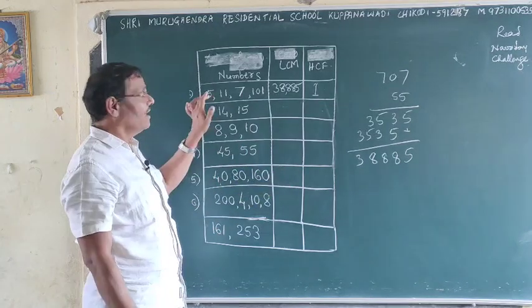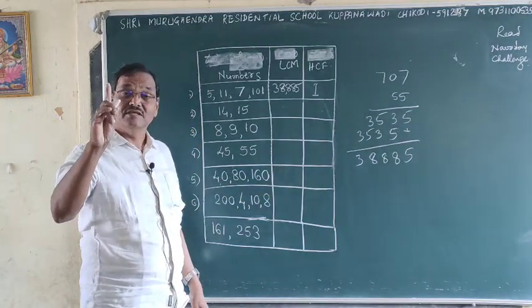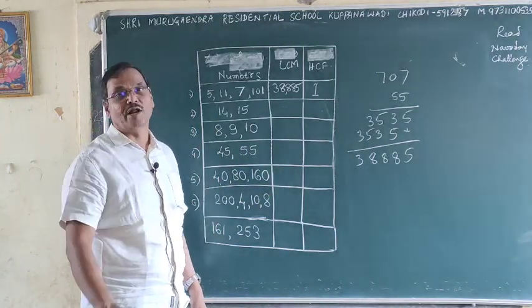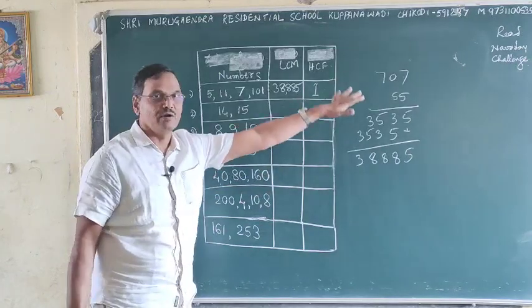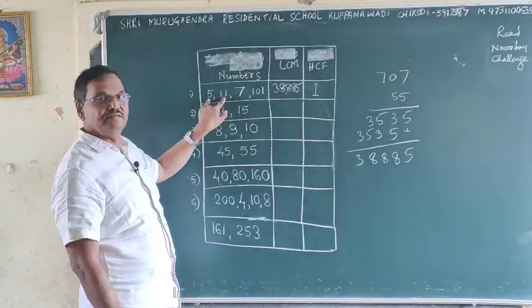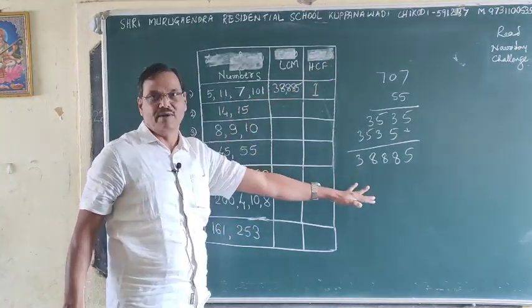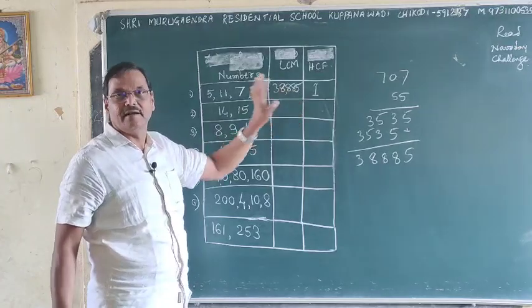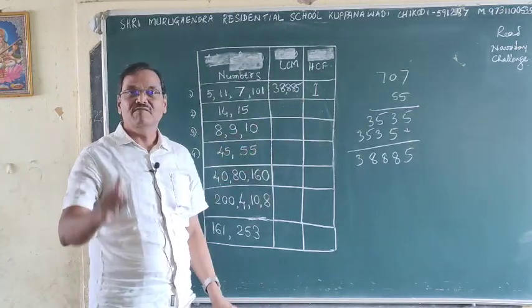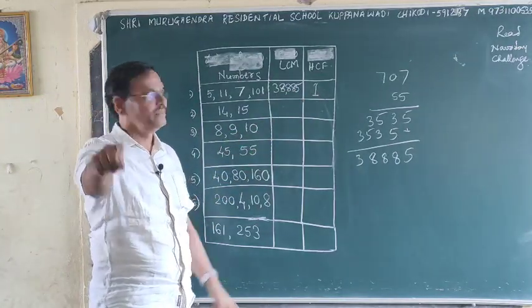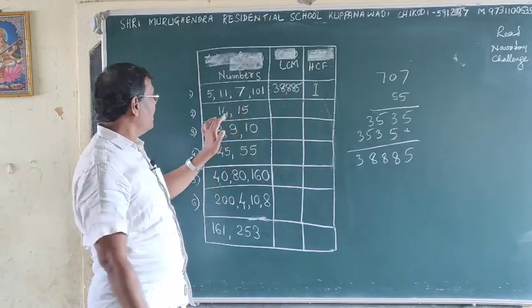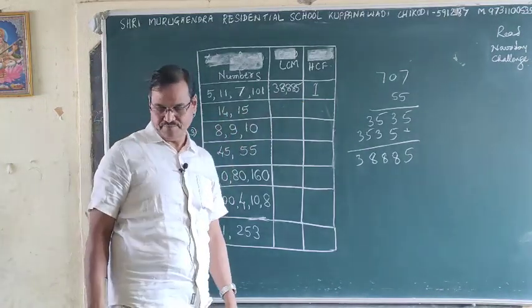Okay, understood now? LCM of prime numbers is its product. I simply took these two products and multiplied the whole. 38,885. And HCF of prime numbers is 1. So it is written here. Now we have to go to the second.